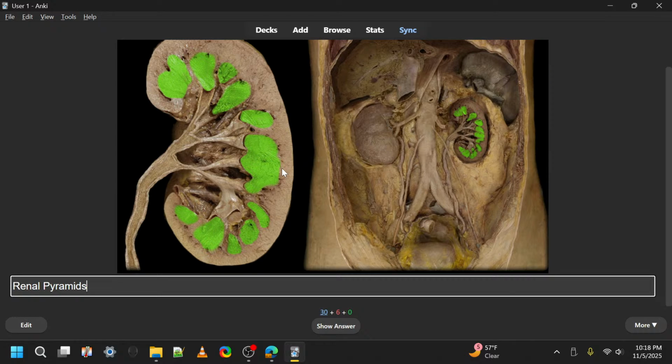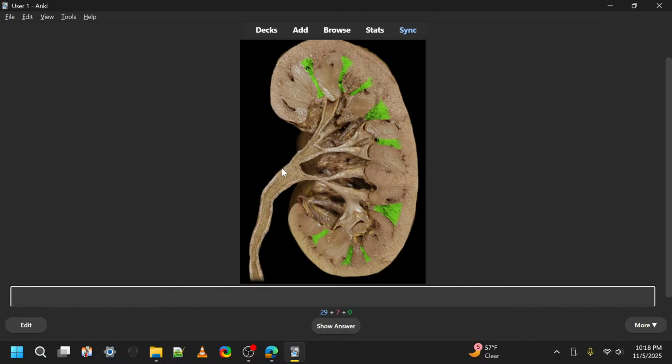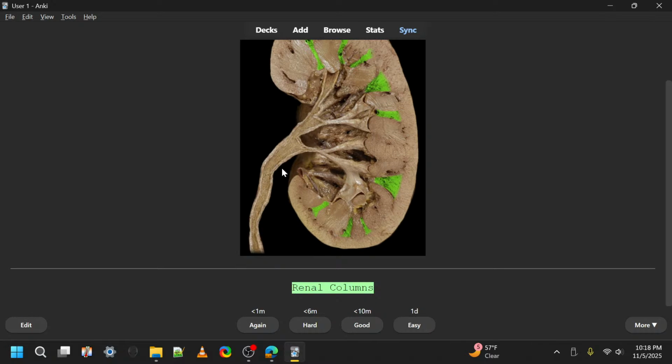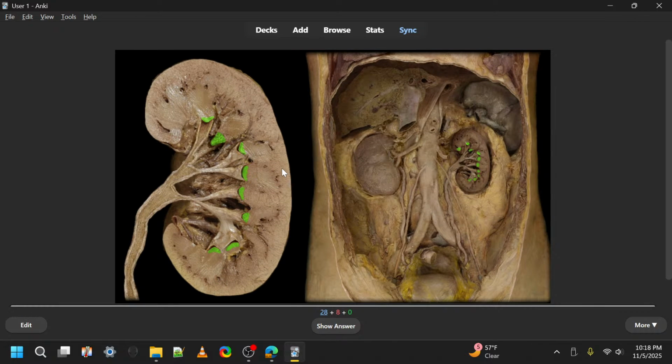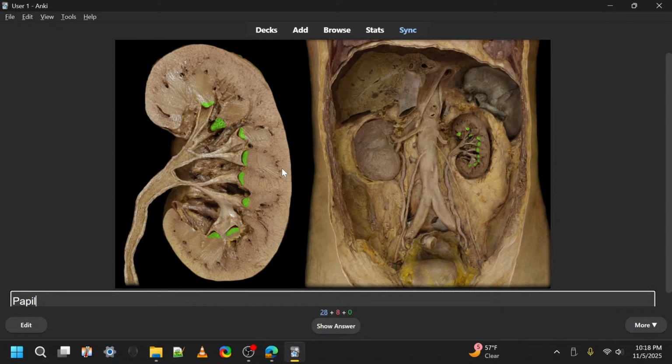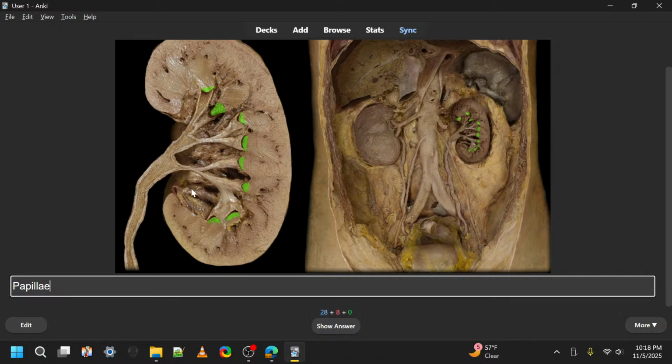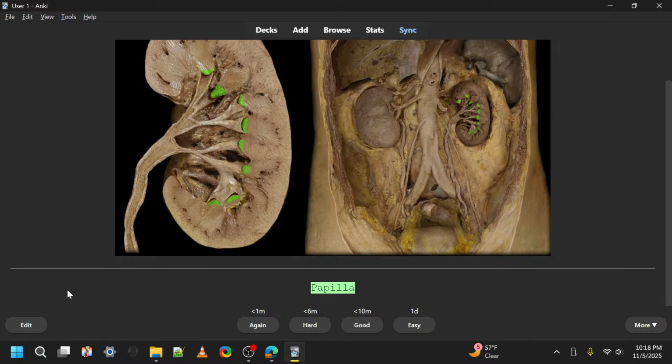Pyramids. Nice. These are the renal columns. Heck yeah. These are the papillae, or the papilla. Papilla for singular and papillae for plural. I just have singular right here.